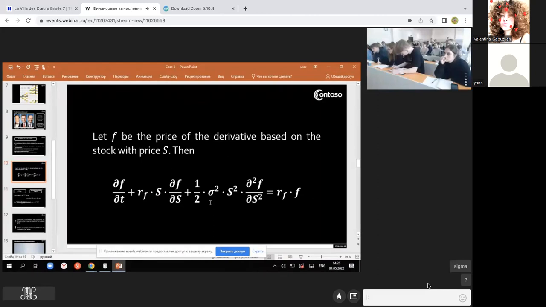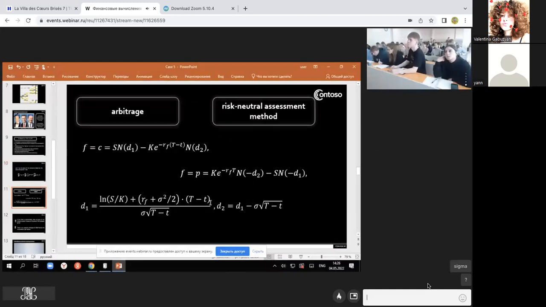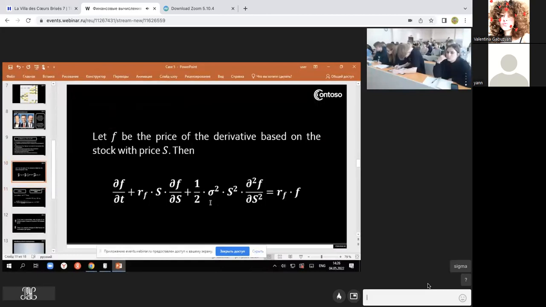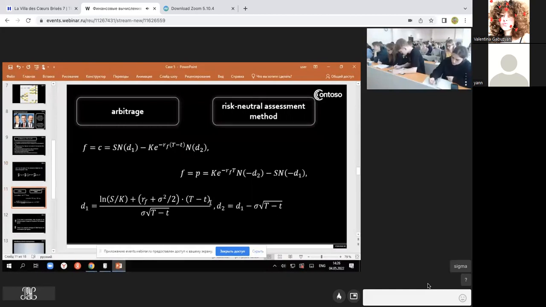That is why we can talk about risk neutral assessment. Because we are not taking into consideration here the expected return, it does not depend on it. And as a result, we arrive at the notion of the risk neutral assessment method because this equation does not depend on it.